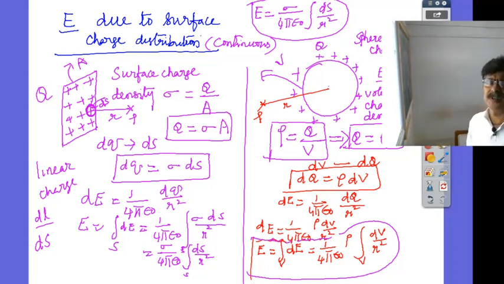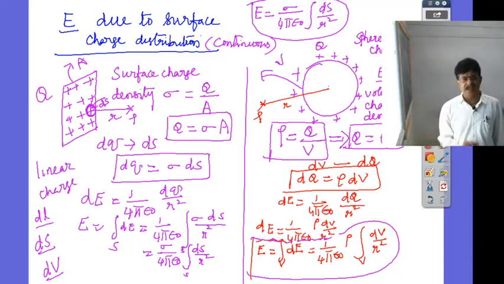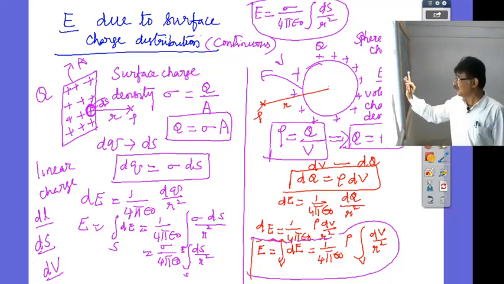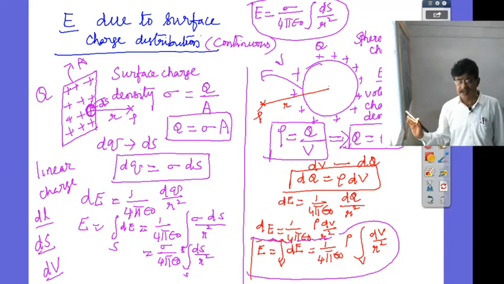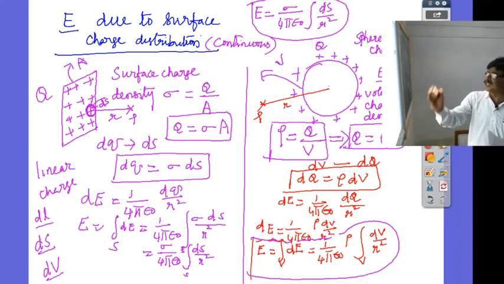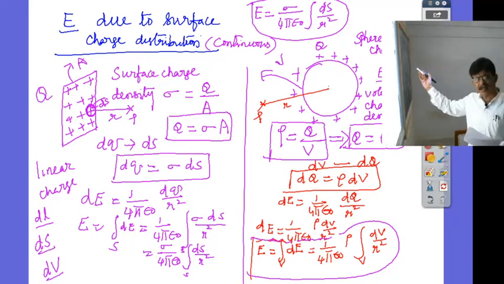And in the case of the spherical charge distribution, the point charge that we consider is the charge present on an infinitesimally small volume dV. Then because of that, we calculate the electric field intensity, then integrate and finally arrive at the expression for the electric field intensity in the case of a line of charge, surface charge, and volume distribution of charge.